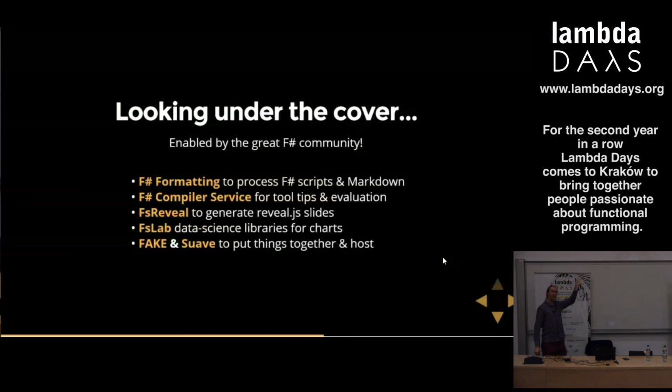It's also using the FSharp compiler service, which is basically a .NET DLL that contains everything that the FSharp compiler does. And this gives you access to the FSharp interactive, so you can tell the service, evaluate this FSharp snippet and give me the output, which is used for the chart embedding.